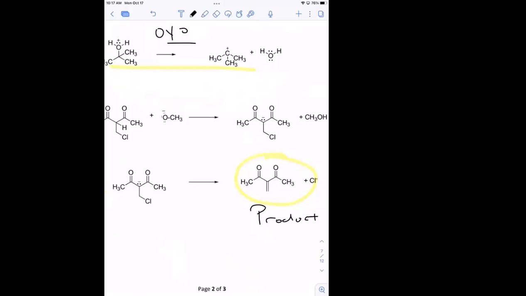Going from here to here, what happened? What's missing? You removed the hydrogen. I removed the proton. Yeah. Good. How did I remove it?